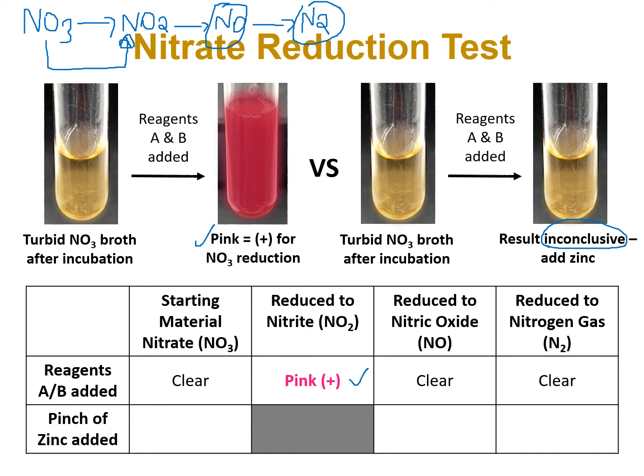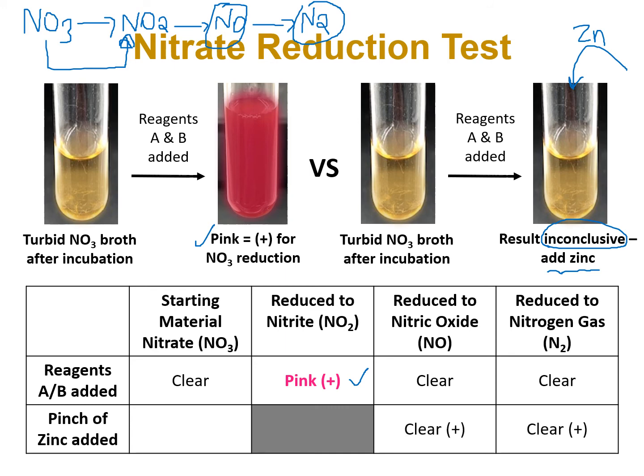So therefore, what do we have to do if we get such inconclusive data? You have to go ahead and add zinc. So you would go ahead into this broth and add zinc. Now, let's see why we add zinc and what type of results you would get.